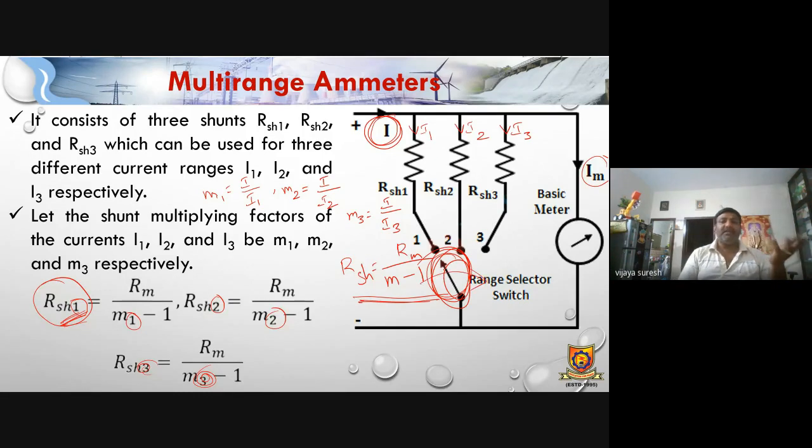If you want to measure the I1 range, we connect to the first position, then second position, third position, like that. So we can call this ammeter a multi-range ammeter. Okay, I hope this is clear up to now.